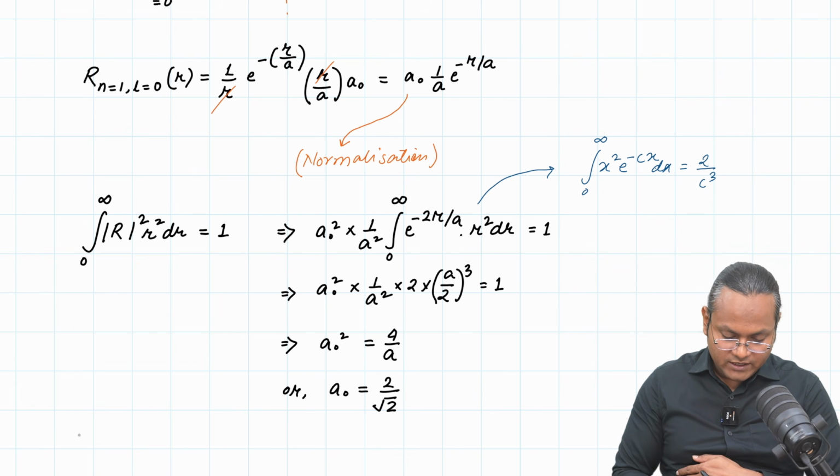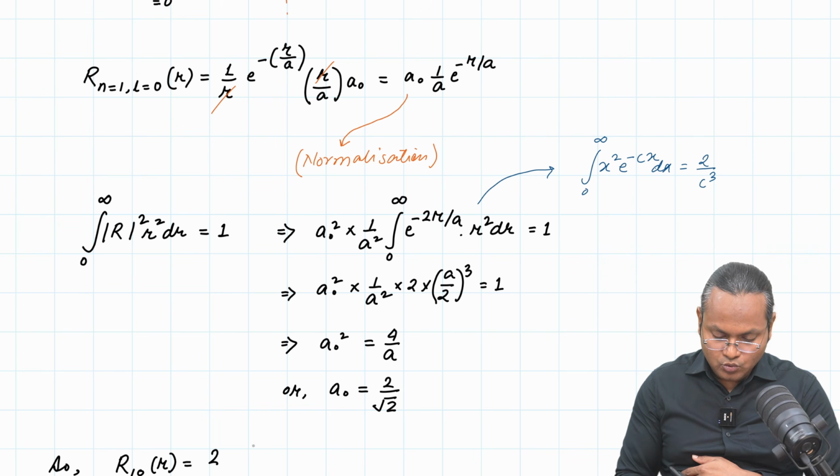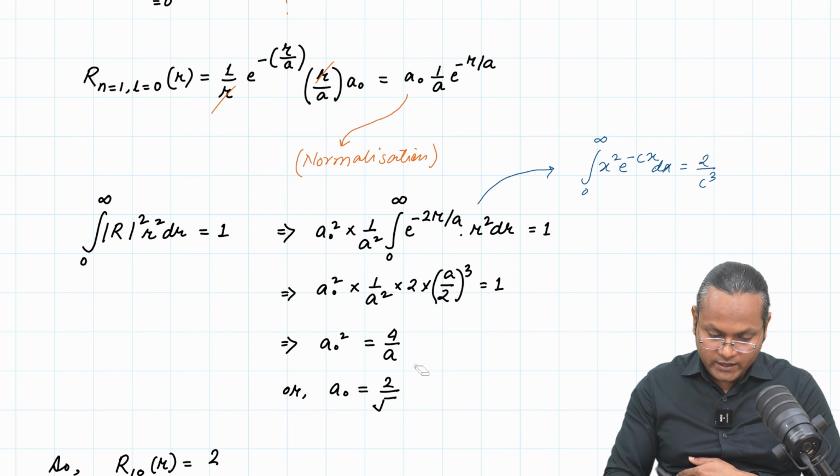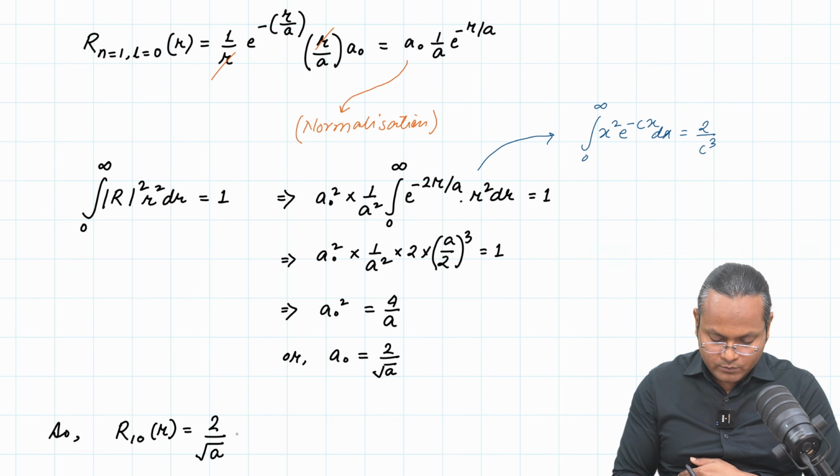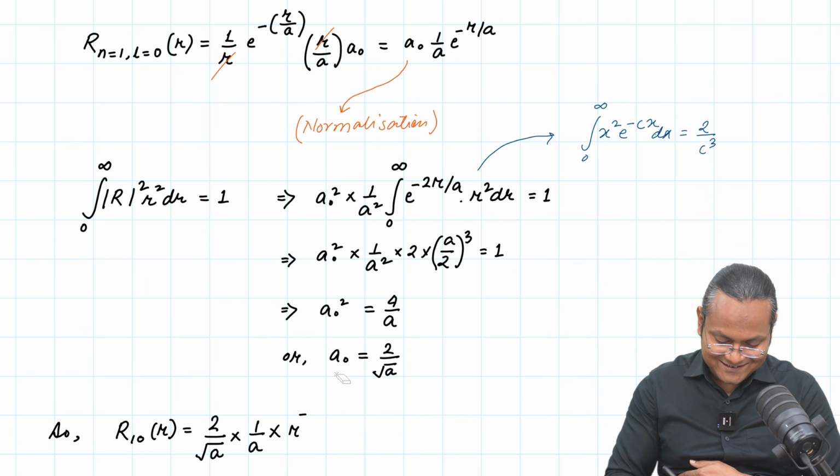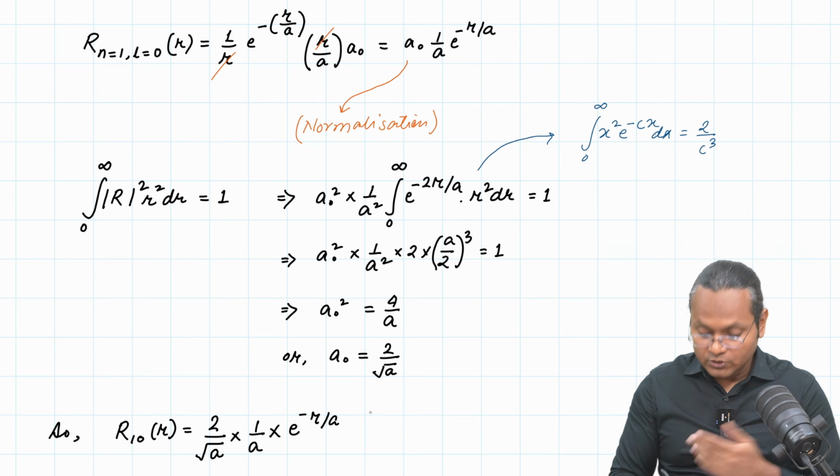Thus, substituting it back, we have finally R10 is simply equal to a naught, which is 2 upon root a, times 1 upon a times e to the power minus r upon a.